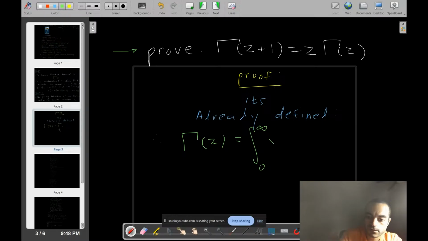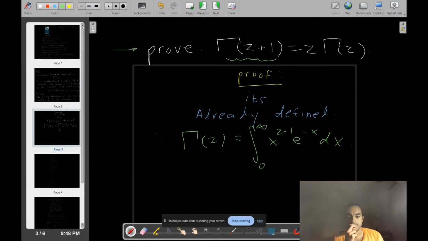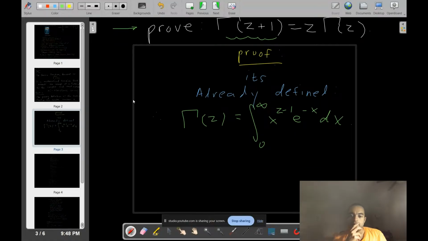It's an improper integral, x to the z minus 1, e to the negative x dx. Obviously, I'm going to use this because I have to do some manipulations with this expression. So gamma of z is equal to this improper integral. That's gamma of z.